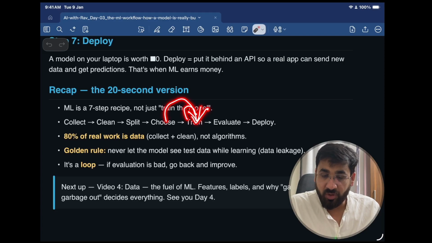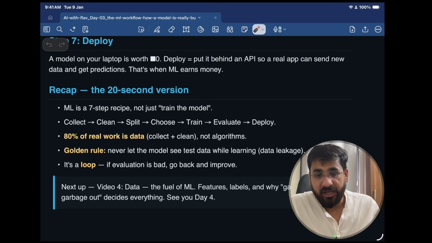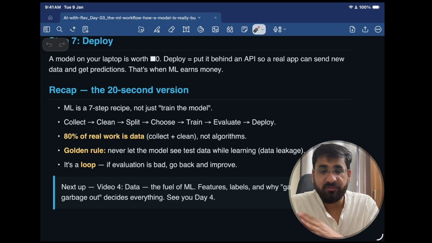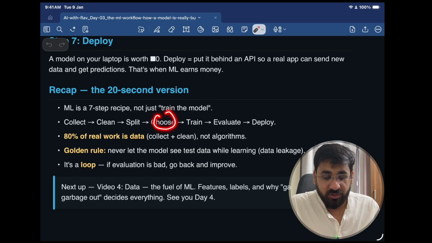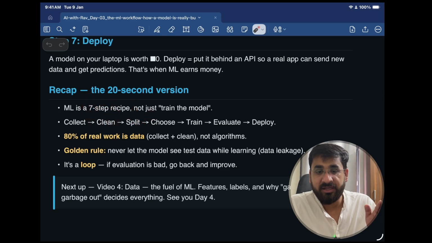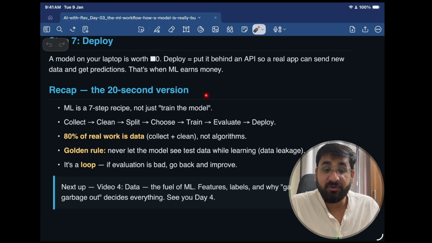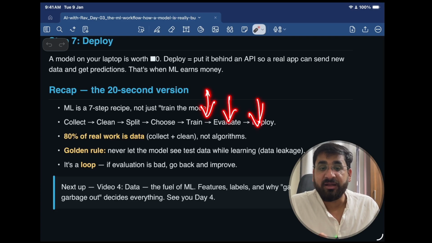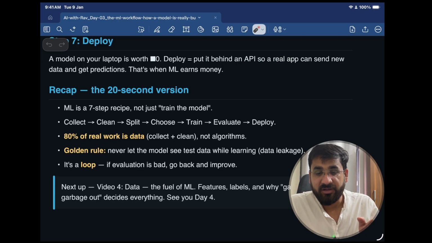We are going to choose the model for training the data. Before choosing the model, we need to remember 3 things: collect, clean and split. CCS. Then we choose. After that we train, evaluate and deploy. TED. CCS, TED. This is the cycle.